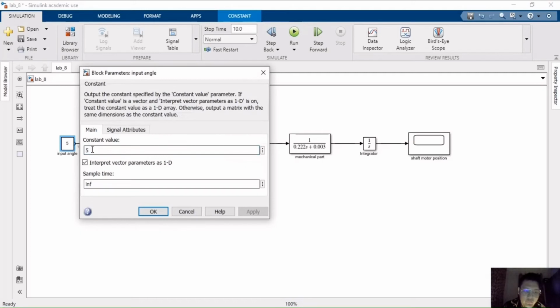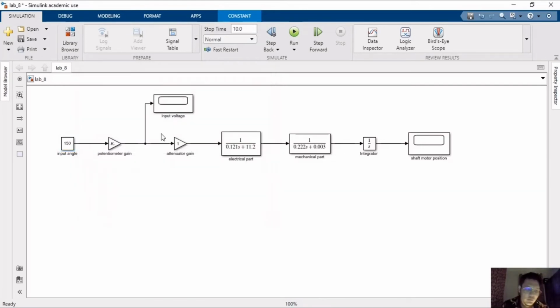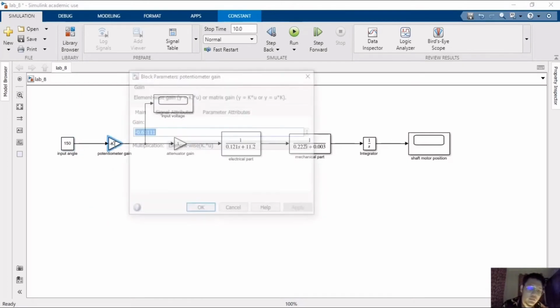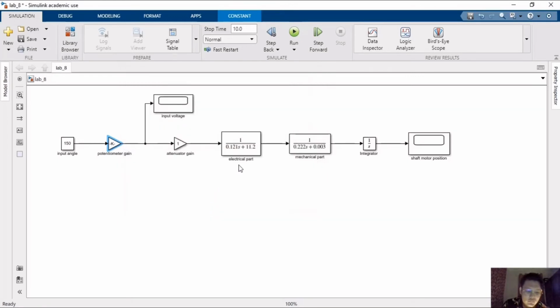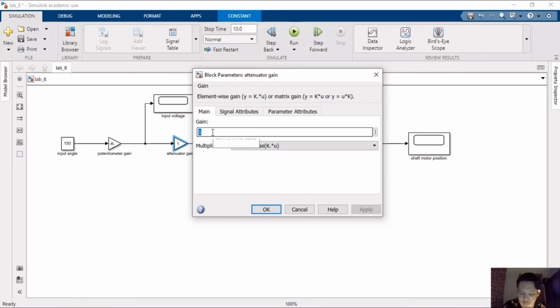Okay, then I will change the input angle to 150. For the potentiometer gain, I will set it to positive, which is the clockwise direction, and for the attenuator gain, I will set it to 5.